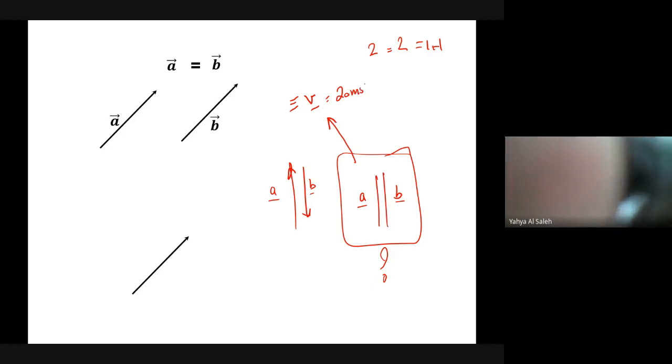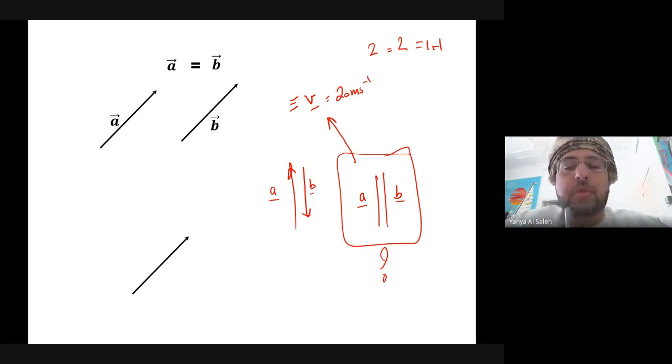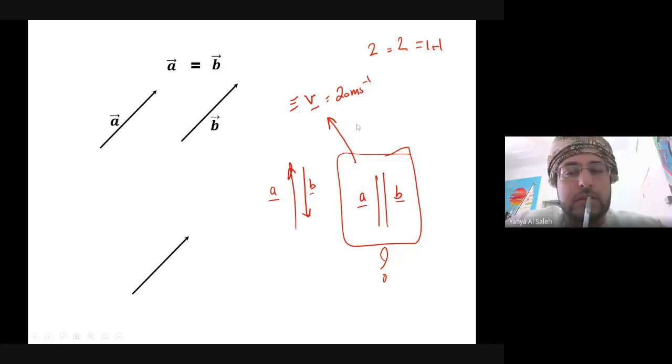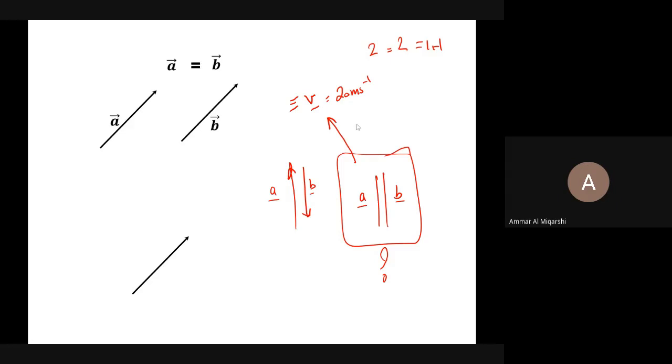20 meters per second. What's the problem? What's the problem in what I wrote? Is there a problem in what I wrote? Yes. Okay, what is it? The sign, positive or negative. Sign, positive or negative.